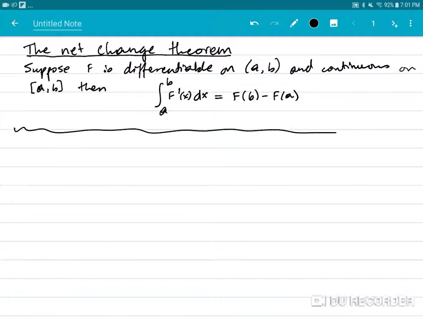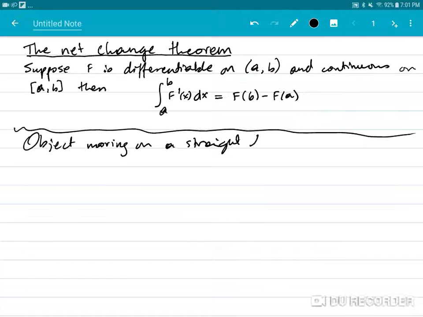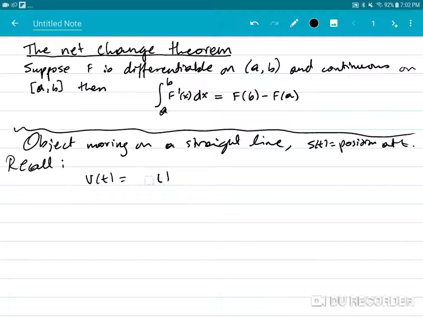Well, we can translate that to a velocity function. So if an object is moving on a straight line, and the position function s of t is the position at t, we want to recall that the velocity at t is the derivative of the position function.